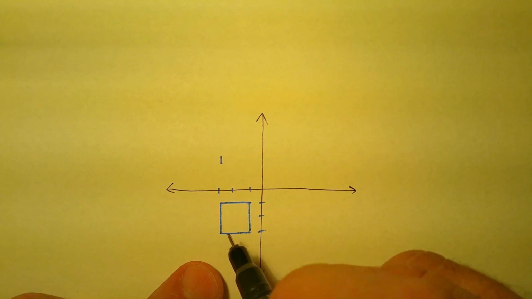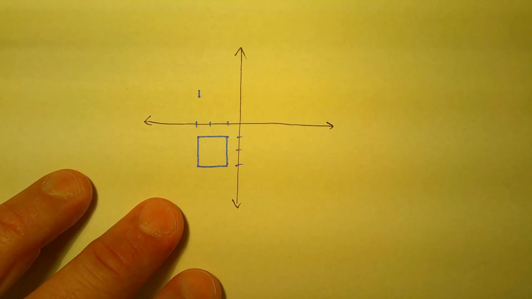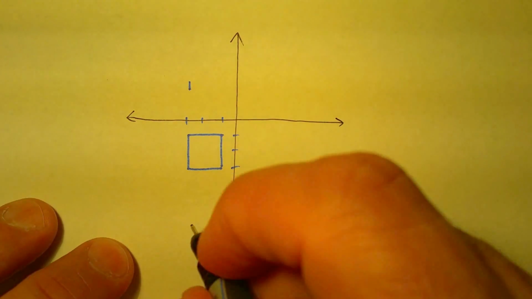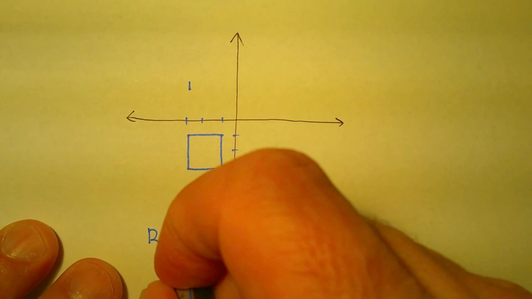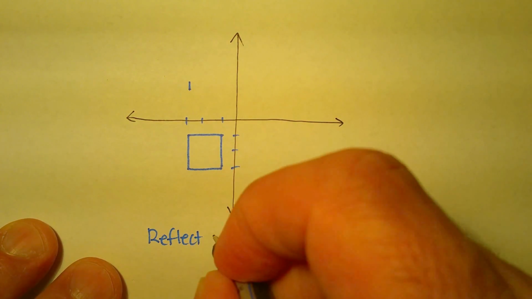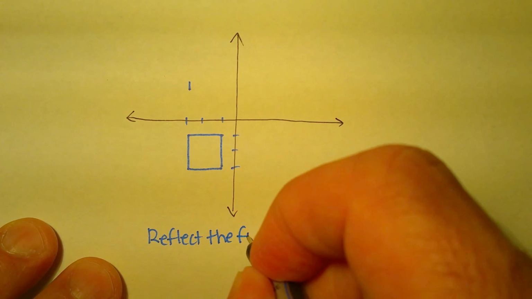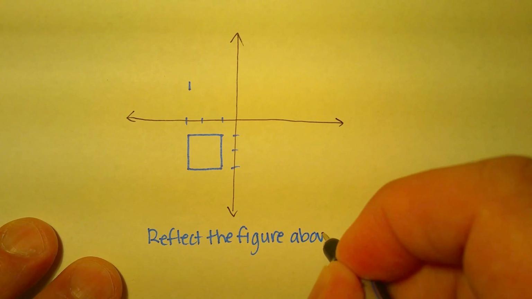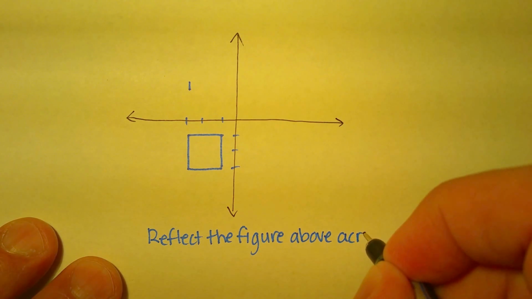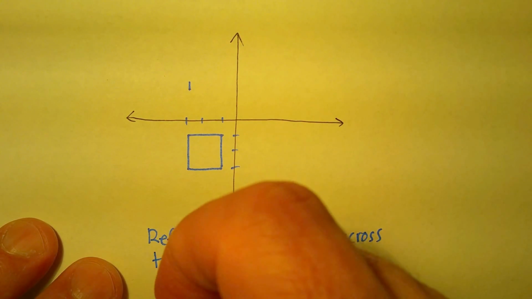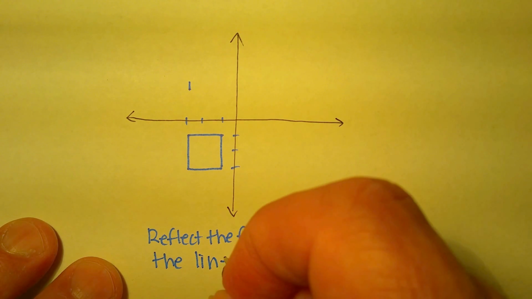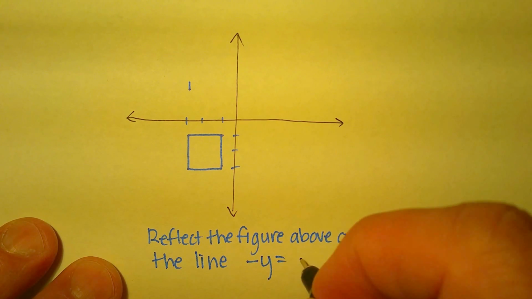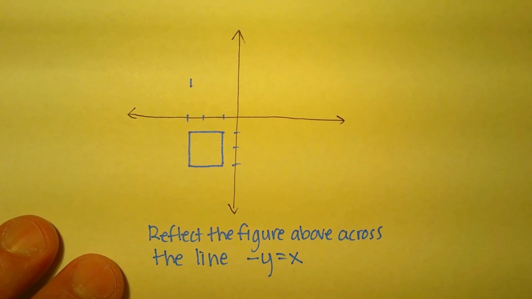I want you to reflect this square over the line. Reflect the figure above across the line negative y is equal to x.